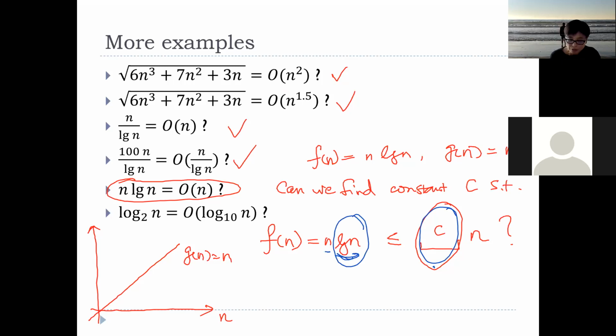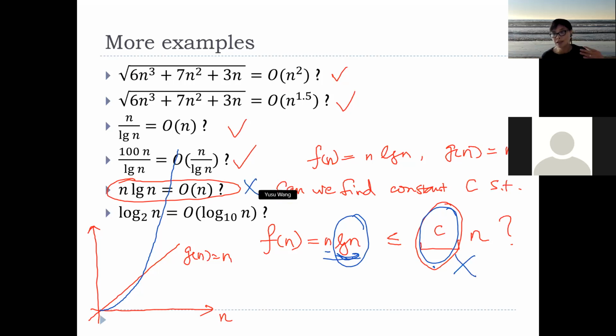So the function n log n essentially looks like this, which means that as n becomes larger, the difference between f of n and g of n becomes bigger and bigger, and cannot be bounded by any constant. So such a c does not exist, and this relation does not hold.